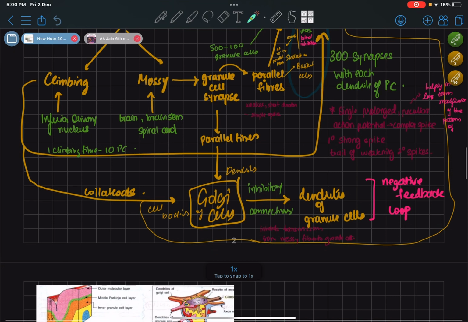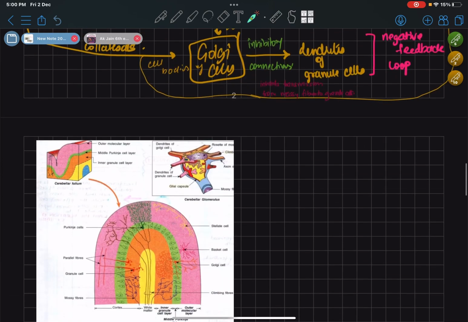Apart from that, it is giving collaterals to the Golgi cell bodies also, which are there in the granule cell layer. So the climbing fibers come from the white matter, right? They supply the deep cerebellar nuclei, then they go to the dendrites of the Purkinje cells, and then they give collaterals to the Golgi cells also.